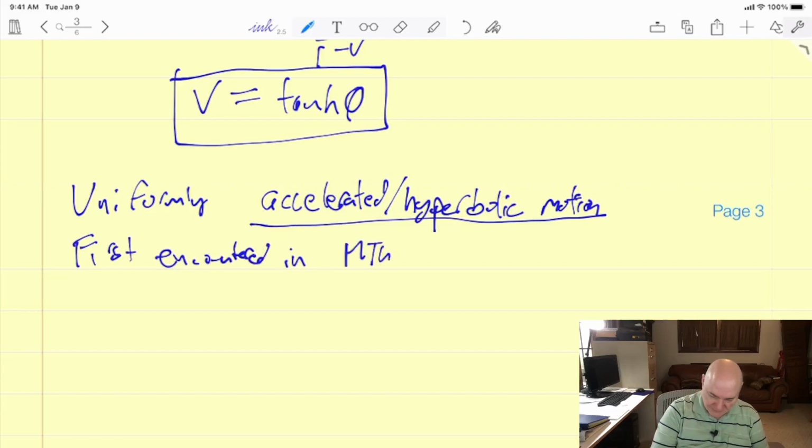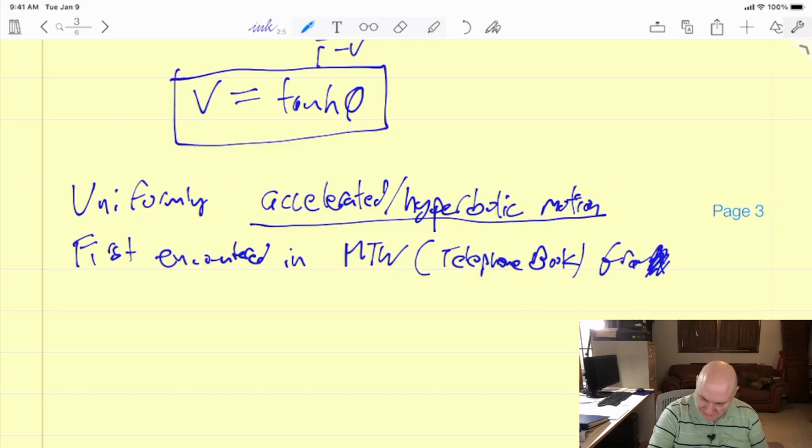Misner, Thorne, and Wheeler's telephone book, Gravitation. Sometimes it works and sometimes it doesn't.